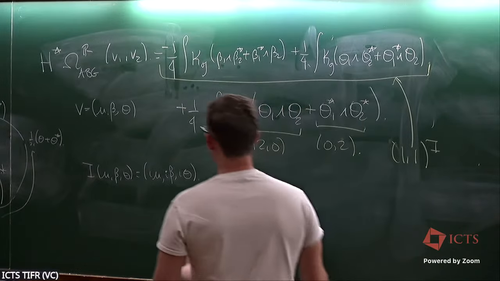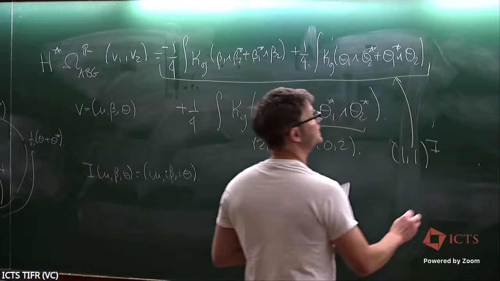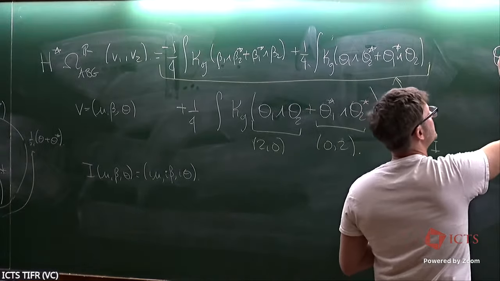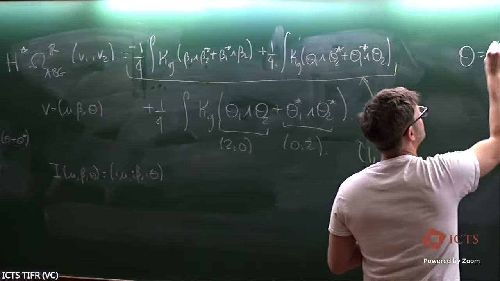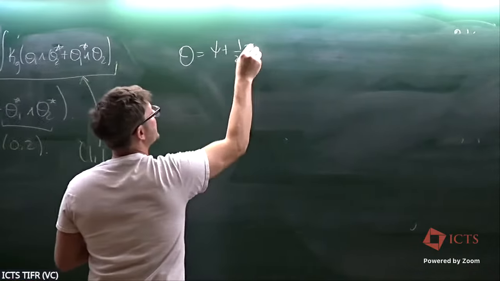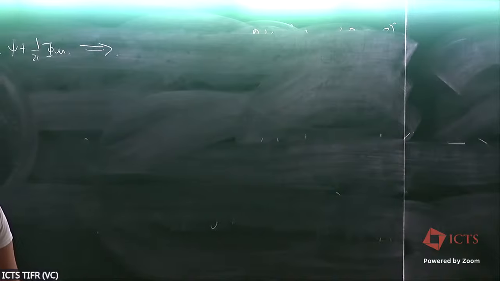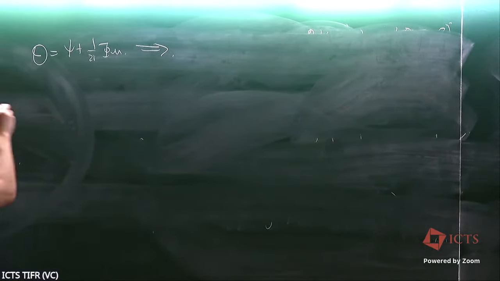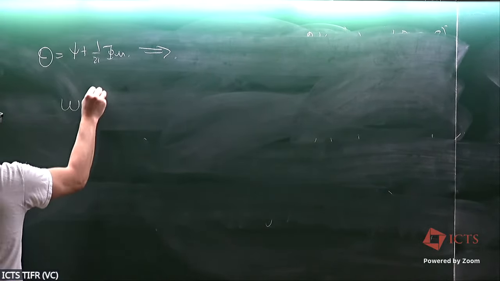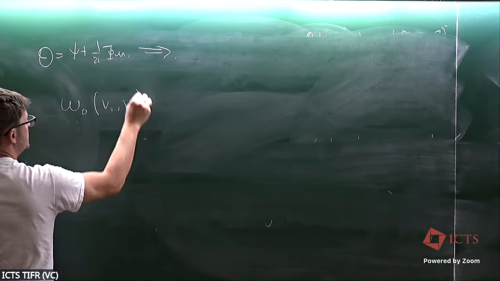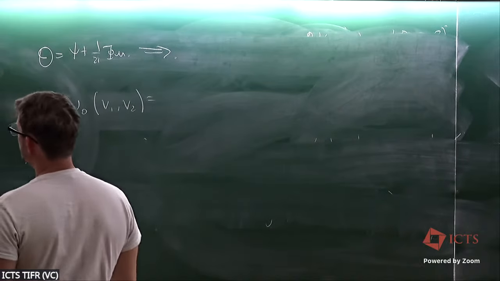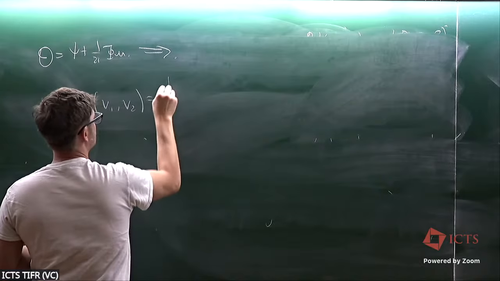Good, and now the decomposition of theta, let me just write it out. Theta is psi plus 1/2i phi mu, which implies that the 1,1 part was omega naught, remember? So omega naught of V1, V2 is equal to, well, let me just write it.